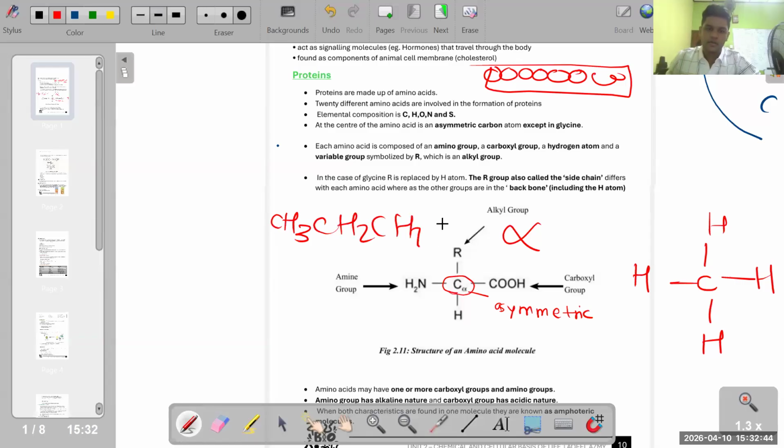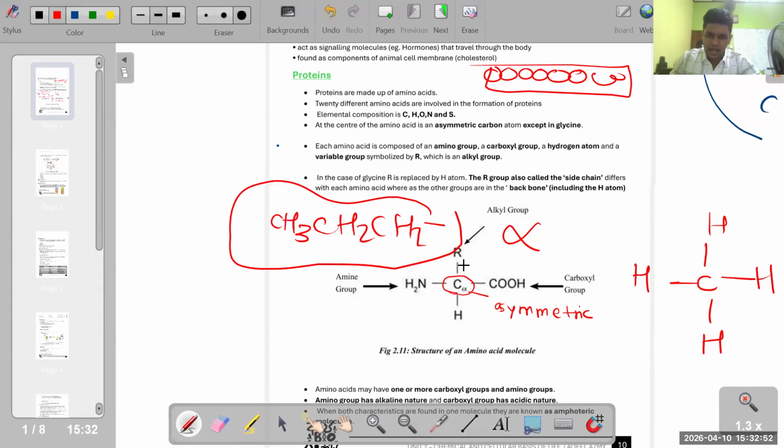So instead of writing it all out, we simply write the alkyl group as R. R means there would be a chain, something like a carbon skeleton, a carbon length. So instead of that we can write an R.